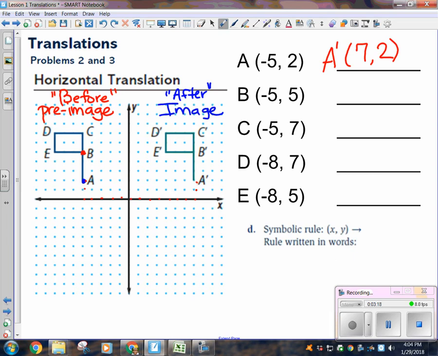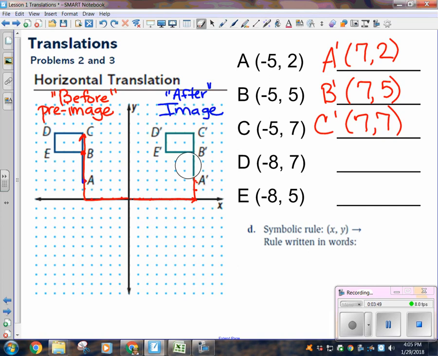So to get to B prime, I want to go 1, 2, 3, 4, 5, 6, 7, up 1, 2, 3, 4, 5. So I'm actually going to B prime over 7 and up 5. Number 6, letter C. Okay, I go back and up to C. Go -5 up 7, so I'm actually going to go +7 and up 7. So C prime is over 7 and up 7.